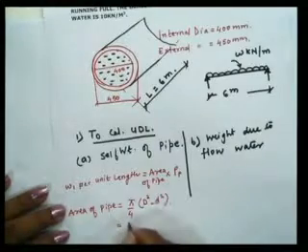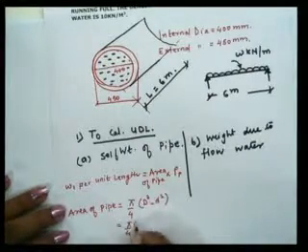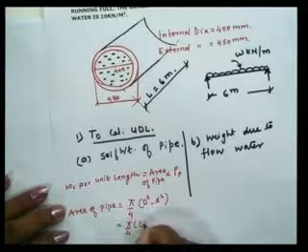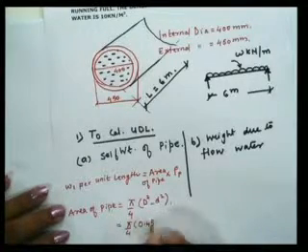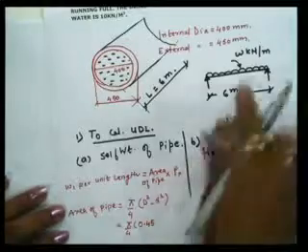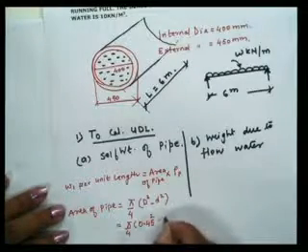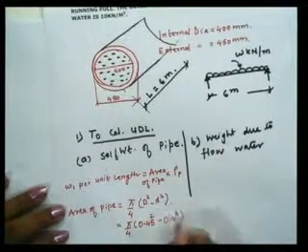So pi by 4 into external diameter is 450, so I will write down in terms of meter because I want to find out the load in terms of kilonewton per meter. Okay, so I am writing down in terms of meter, minus 0.4 square.